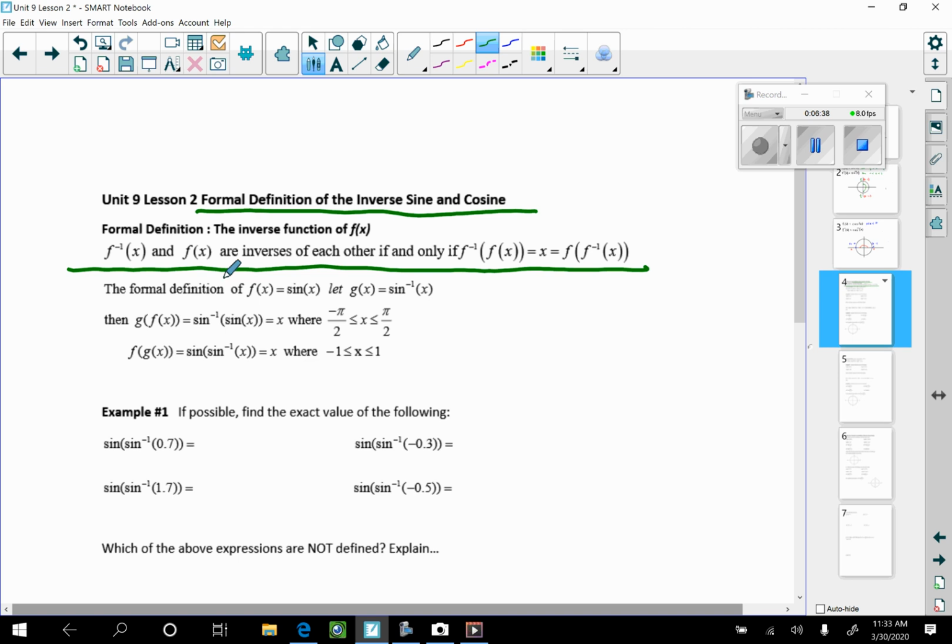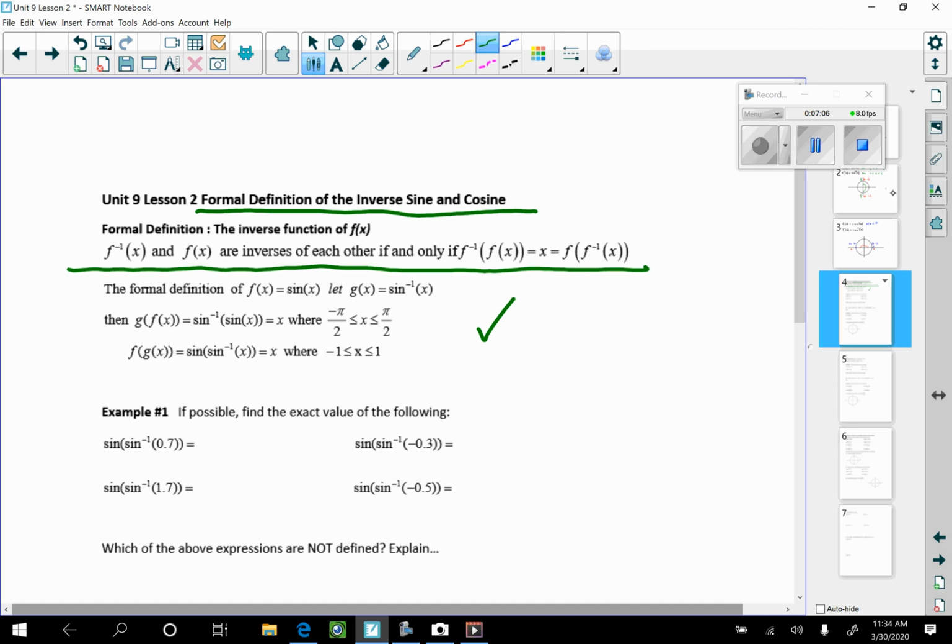So we're going to start this discussion about the formal definition of the inverse of sine of x, and we're going to let that be g of x. But before I go there, I'm going to go to a graphical representation, and I'm going to use the unit circle. I'm going to start my discussion before I explain these two equations, if you will.